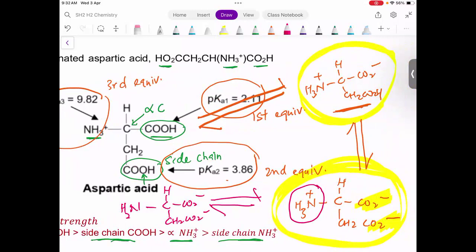So it's progressive loss of H plus: Ka1 first, followed by Ka2, followed by Ka3. Understanding this will help you in the next tutorial question.